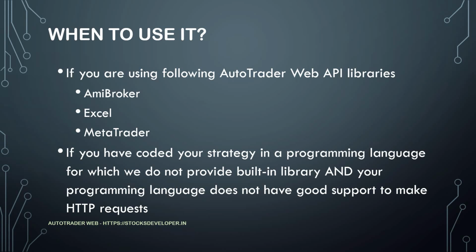When to use it? If you're using the following libraries that we provide as a part of AutoTrader Web, then you're going to need it: AmiBroker library, Excel, or MetaTrader library. All of these three libraries need the desktop client. Or if you've coded your strategy in a programming language for which we do not provide a built-in library, and that programming language does not have good support to make HTTP requests, then you might think about using the desktop client.